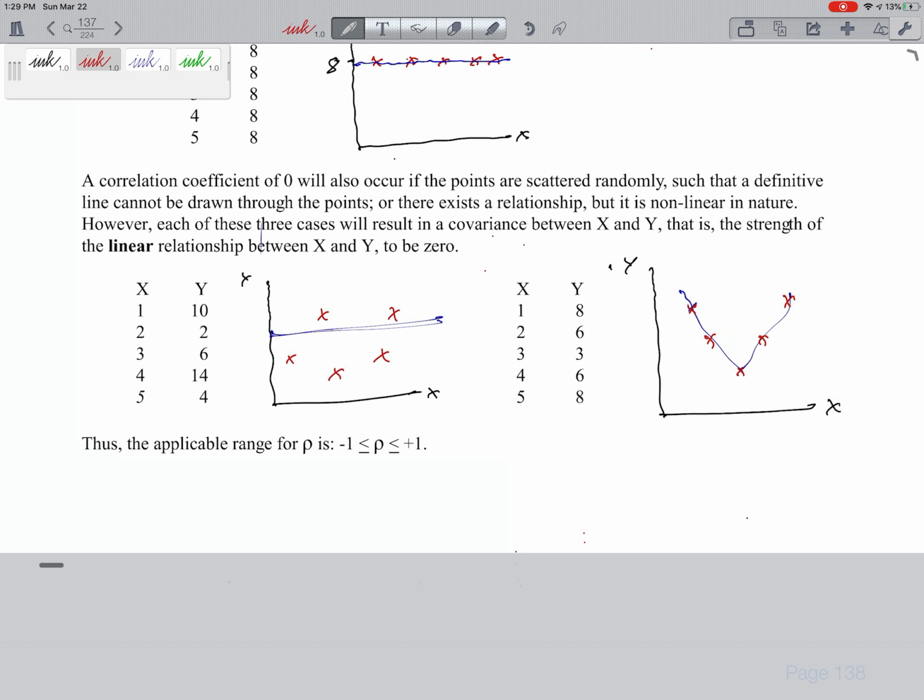Or it could be, of course, quadratic. It could be some other relationship between the two, logarithmic or something like that, but it's not linear. And so again, we would end up with really a regression line that looks like that. So what we have here then is that rho goes from -1 to +1.